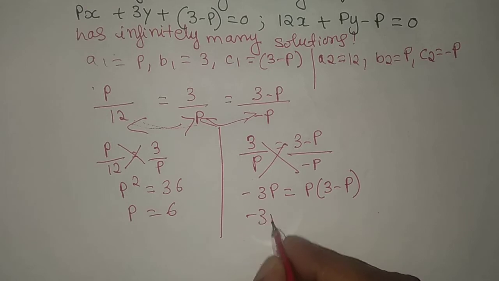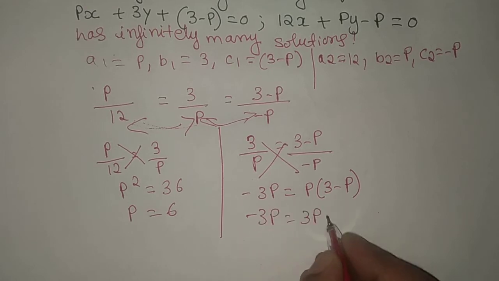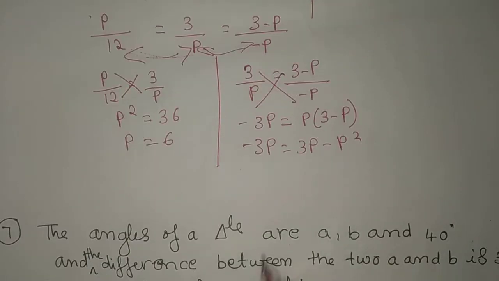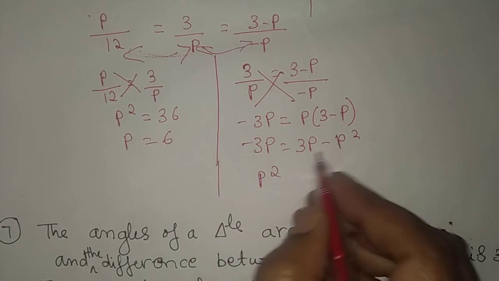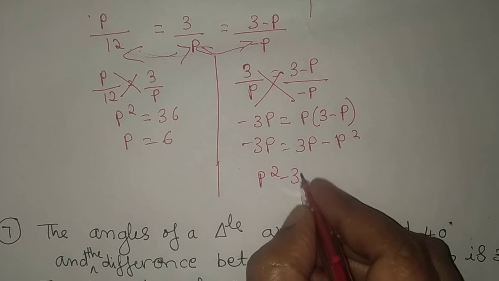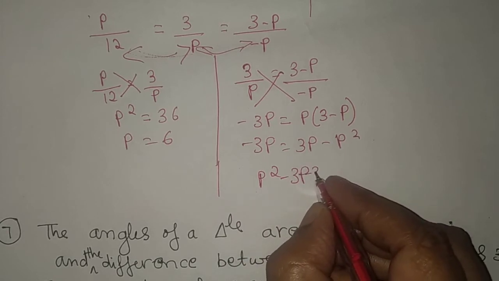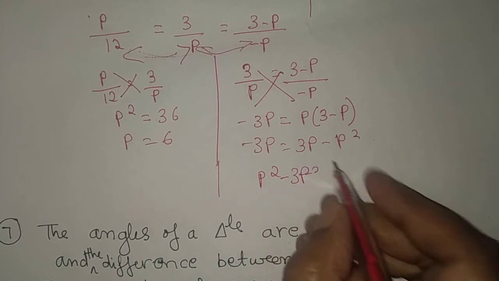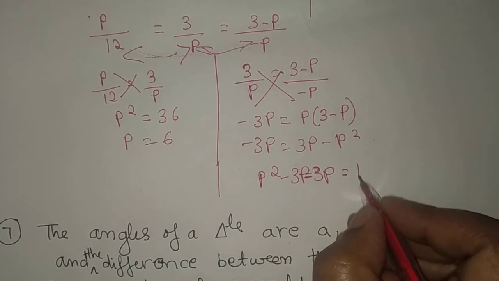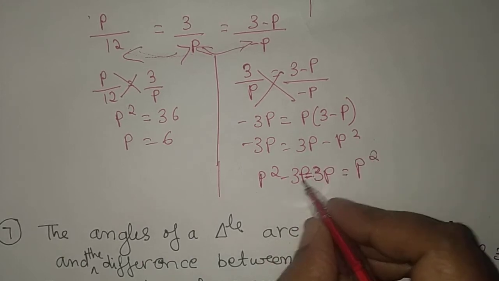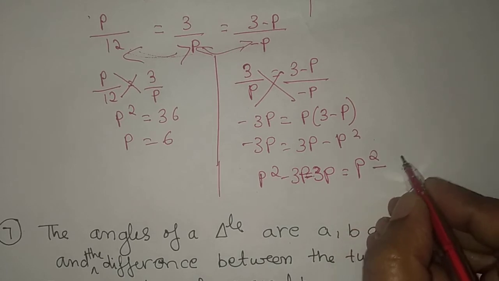So -3P is equal to 3P - P square. Therefore write it in the proper form: P square, minus 3P, again minus 3P, is equal to 0, so this becomes P square minus 6P.